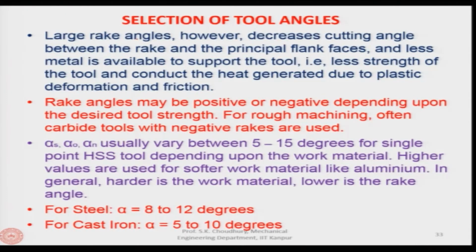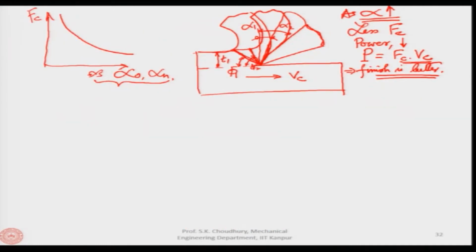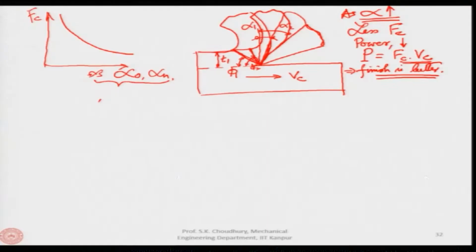For large rake angles, however, what we are saying is that if we increase the rake angle, that means less power, that means it is better. So let us increase the rake angle. But what happens is, suppose I draw it again, this is a tool which has a rake angle of alpha 1, and we increase that rake angle to alpha 2.